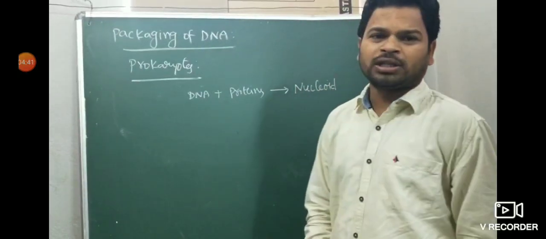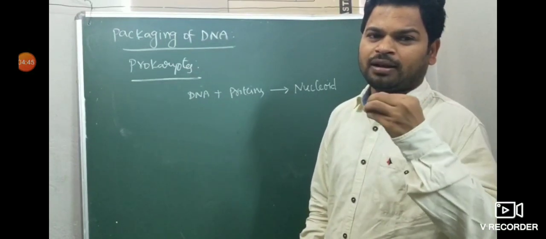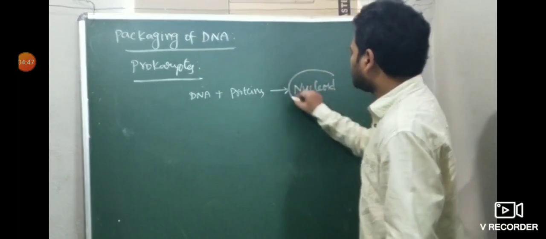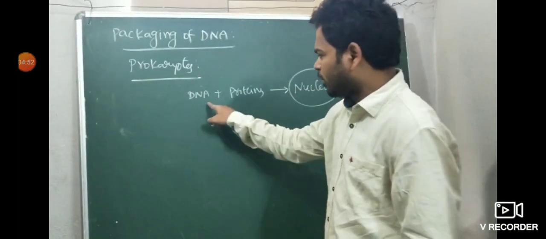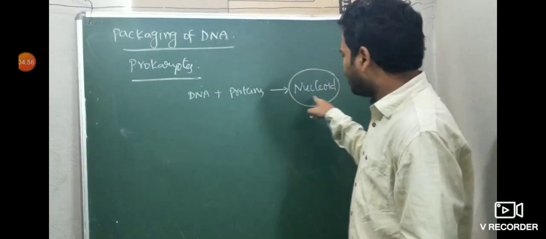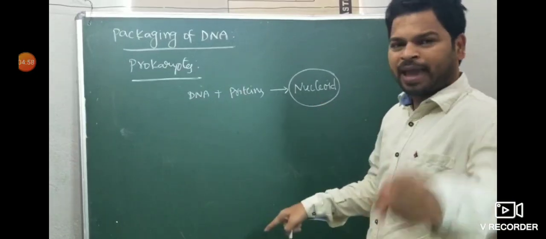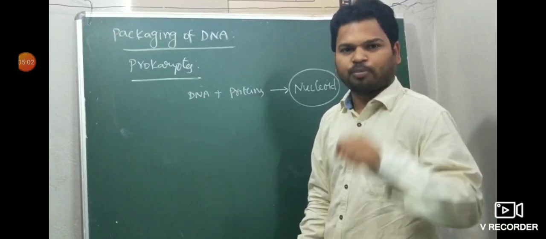So in prokaryotes the genetic material is packed in the form of a nucleoid. Very, very important. The DNA held with some proteins forms the nucleoid structure. So packaging of DNA in prokaryotes is the nucleoid. Very important.